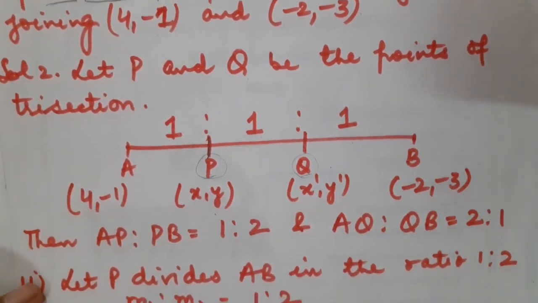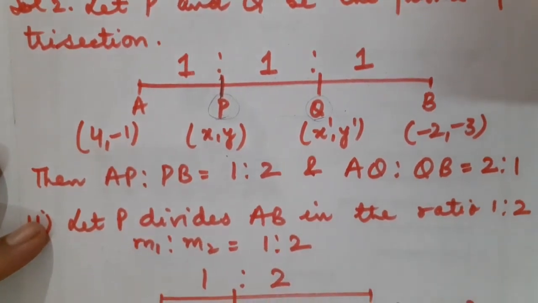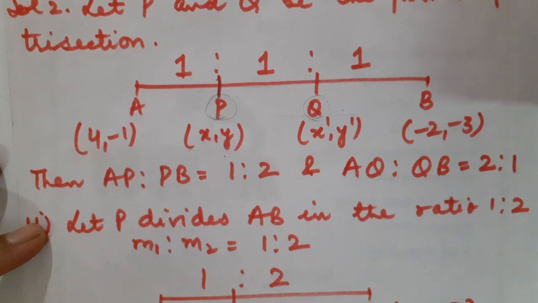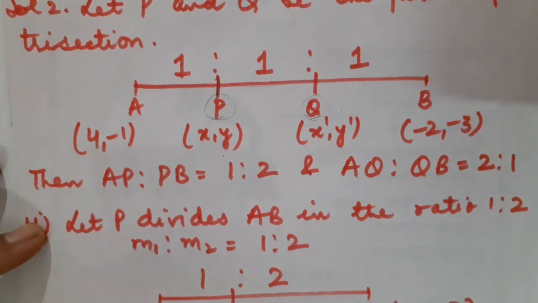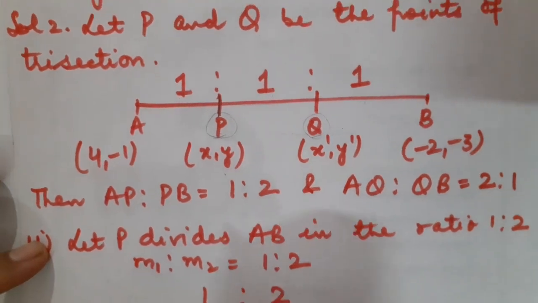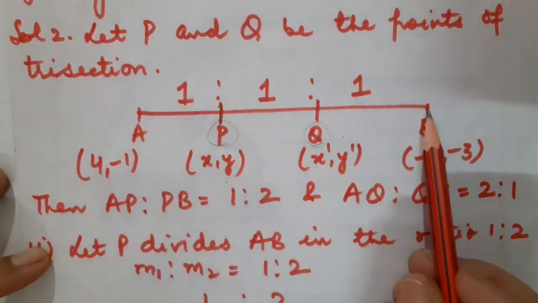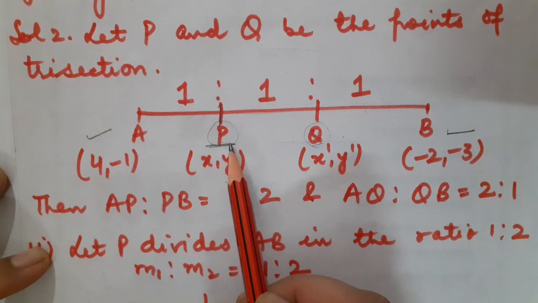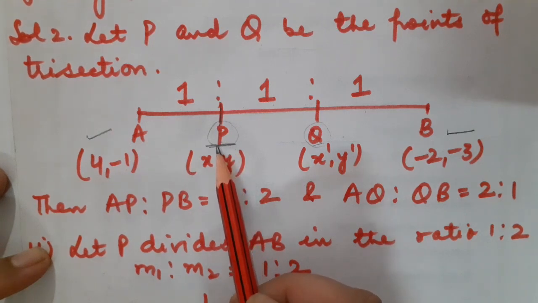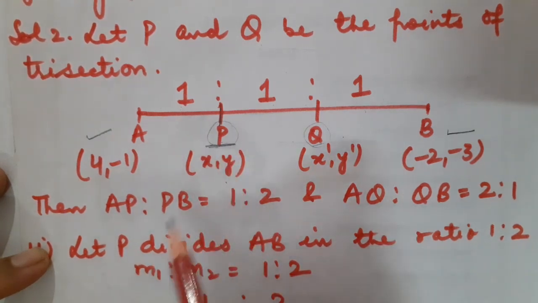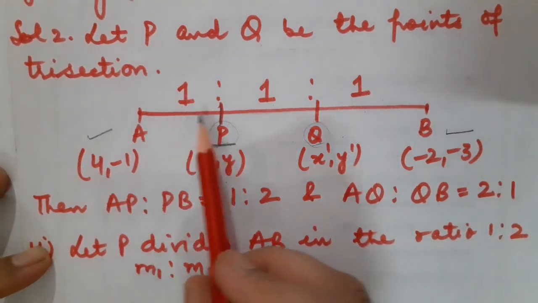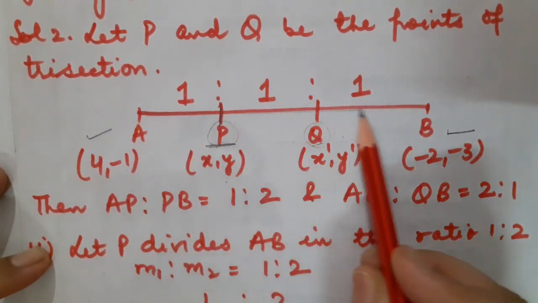Now children, as I remind you again and again, through the section formula we calculate the coordinates of the point of division. So let us talk about this complete line segment whose coordinates we know. I am going to take the very first point of division, let it be point P. So how to calculate the coordinates of point P? Children, here you can see this complete line segment.